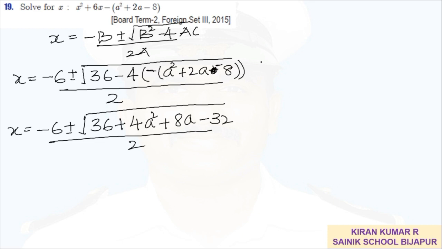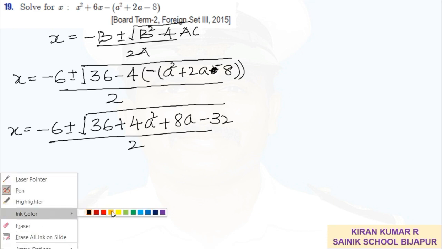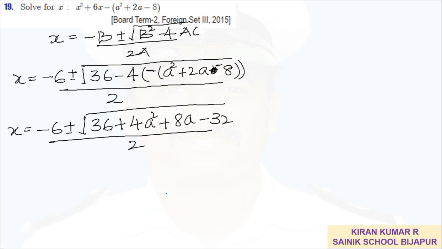Observe carefully. This 36 minus 34 is only 4. Let me change the color of the ink. Let me write it here. We get 4a square plus 8a plus 4.